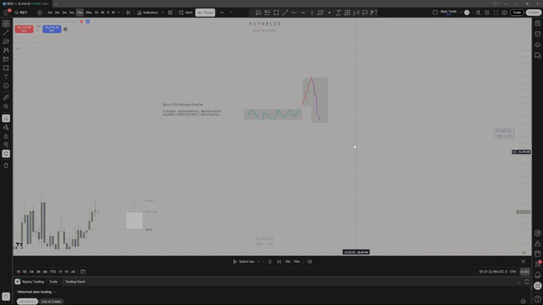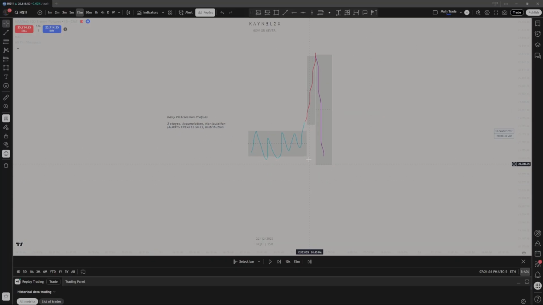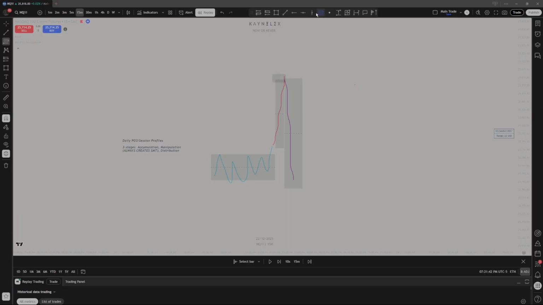This is very important. So what you want to do is you want to mark out the very last leg before the manipulation move. So you get your standard deviation.